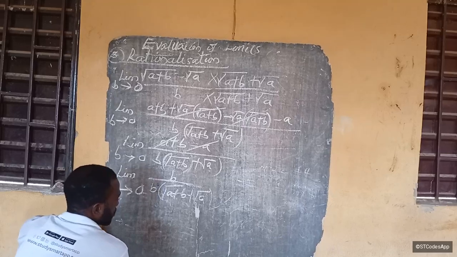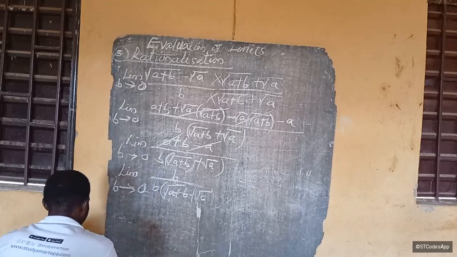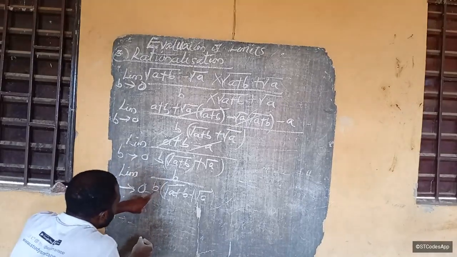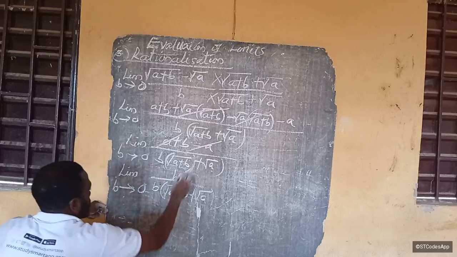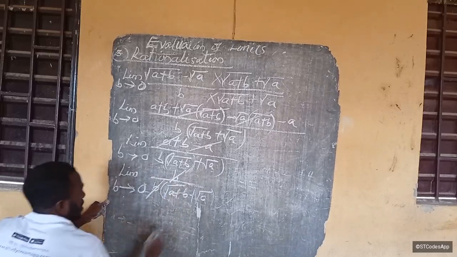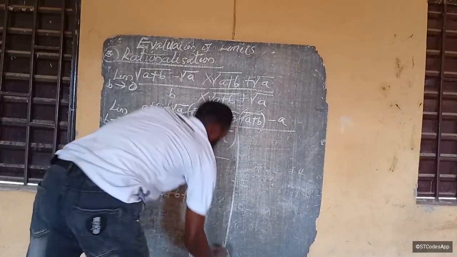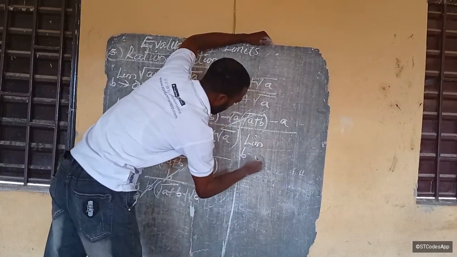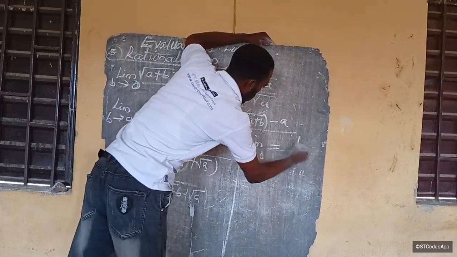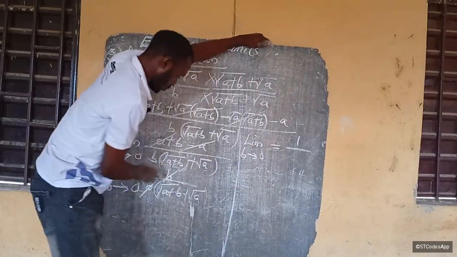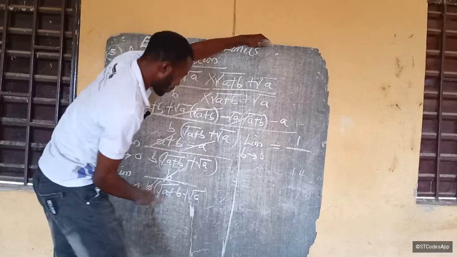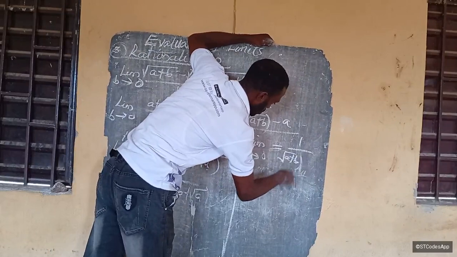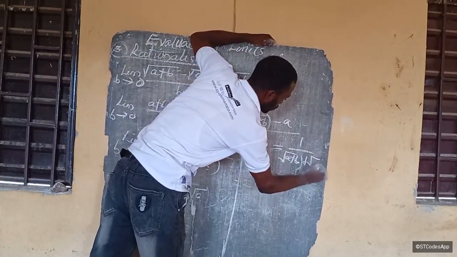Okay, so from here, what do we do? We're going to see that b is here and here, right? So we just cut through. So our function will now become the limit as b tends to 0 of 1 over root a plus b plus root a.